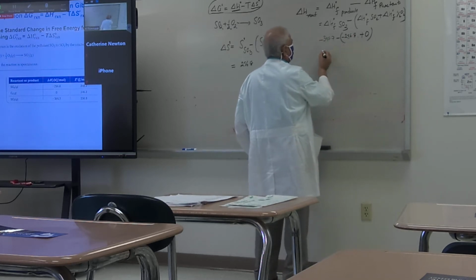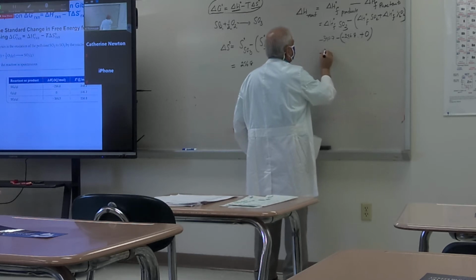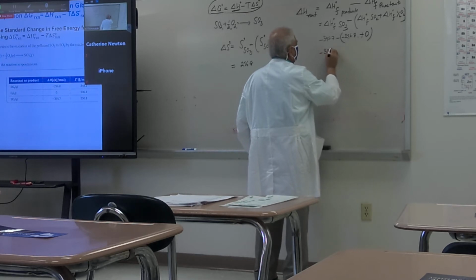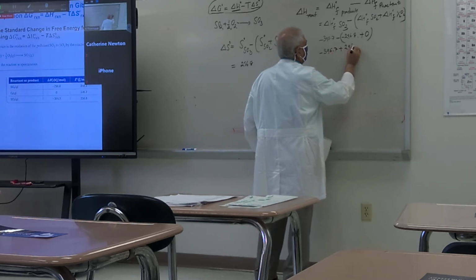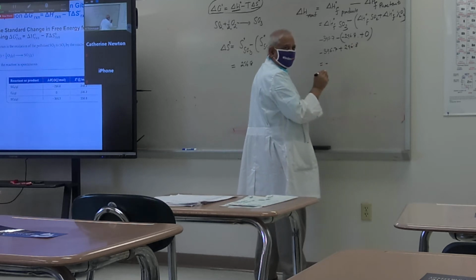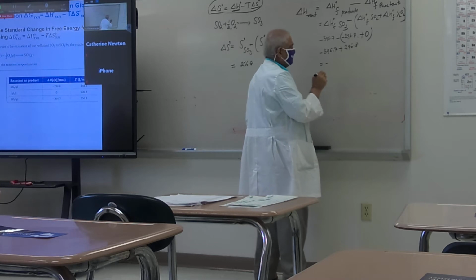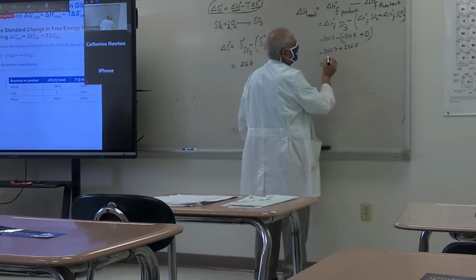Okay, now it's going to become what? That plus that, so minus 395.7 plus what? 296.8. The total is going to be 692.5? Oh, no wait, I'm correct. Negative, that was my bad.